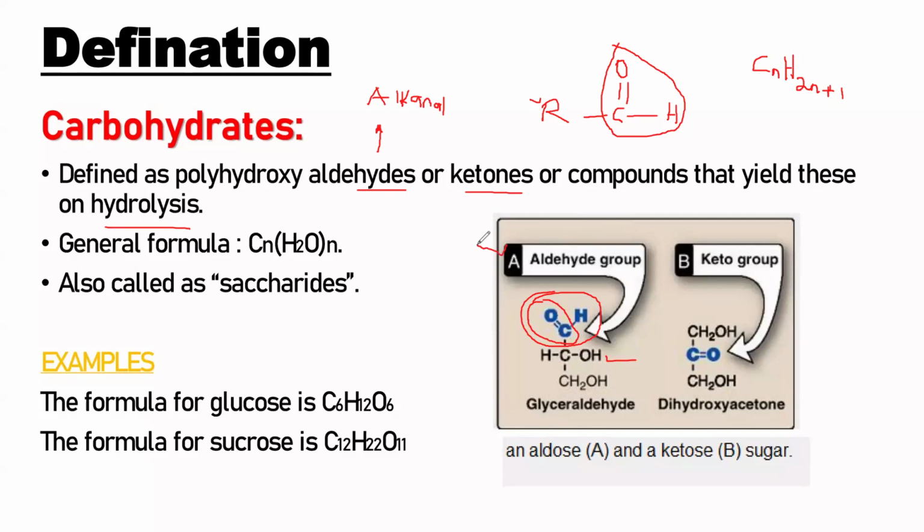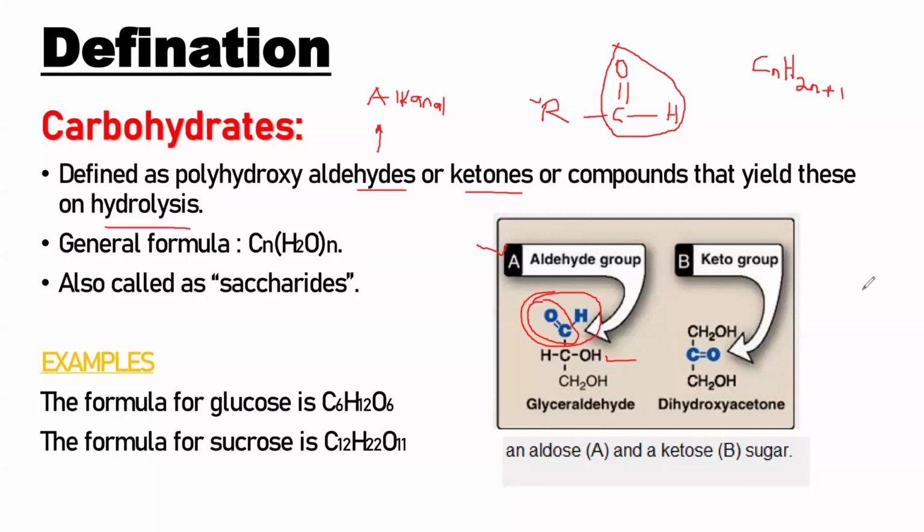So any compound that has polyhydroxyaldehyde or polyhydroxy ketones is considered a carbohydrate. But in the case of ketones, how do we differentiate ketones from aldehydes?